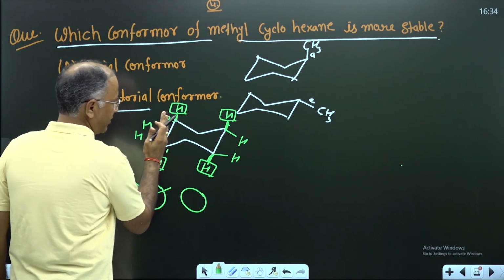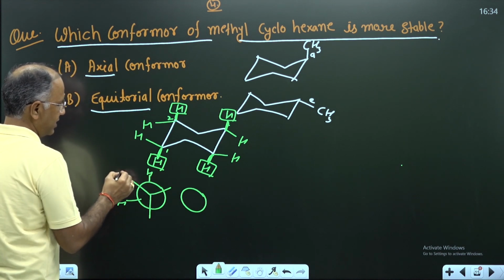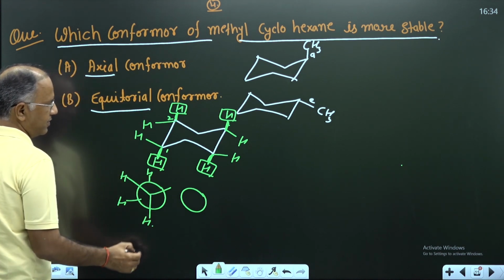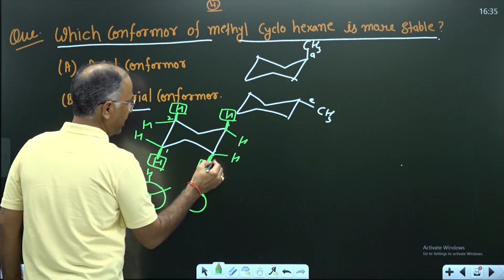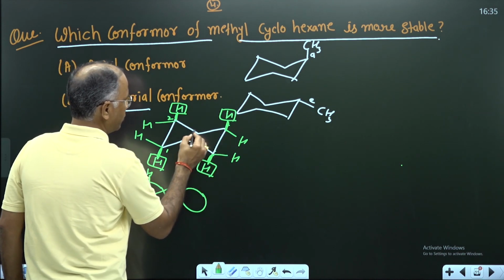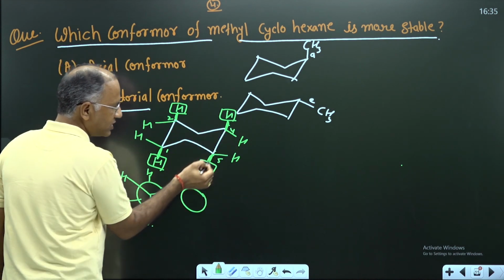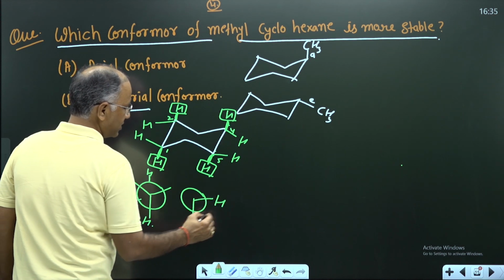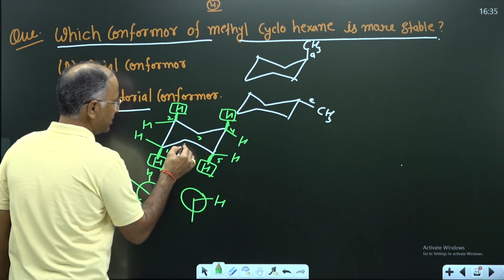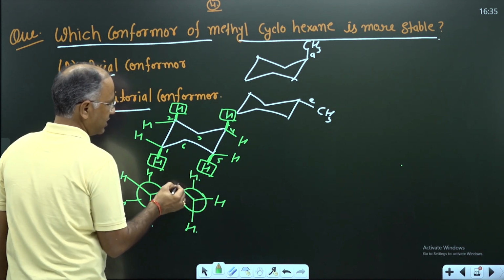Forget about this, just consider 1, 2, then I will draw like this: this is H, this is H, this is H. Now similarly, if I draw the Newman for this staggered across the 4, 5 bond, what is the Newman of this 4, 5 bond? The 4, 5 Newman will be: this is H, and this is 3, this is 6, this is H, and this is H.